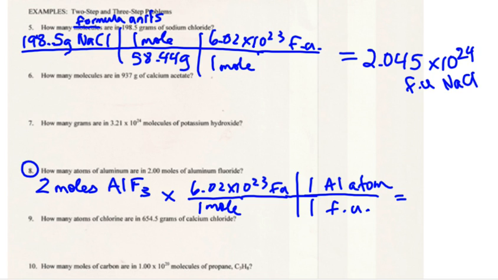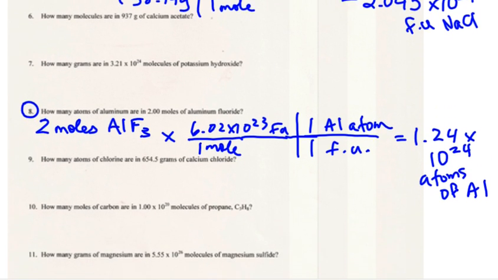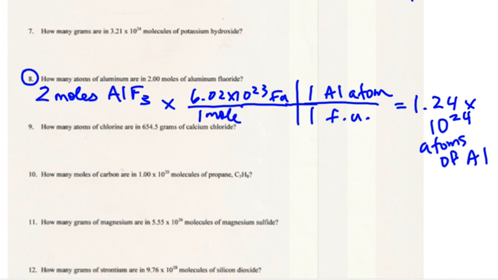So, to 3 sig figs, to the 24th. Atoms of aluminum.